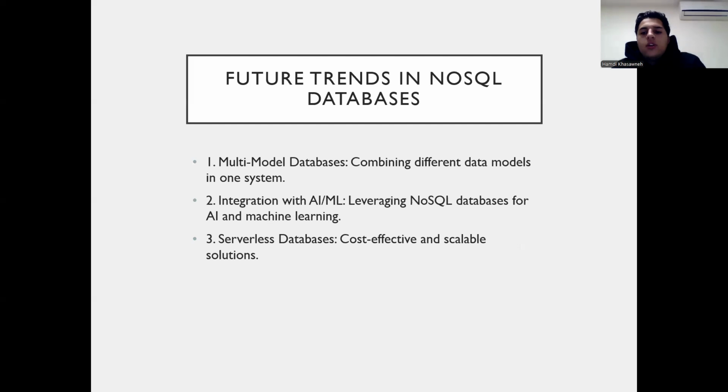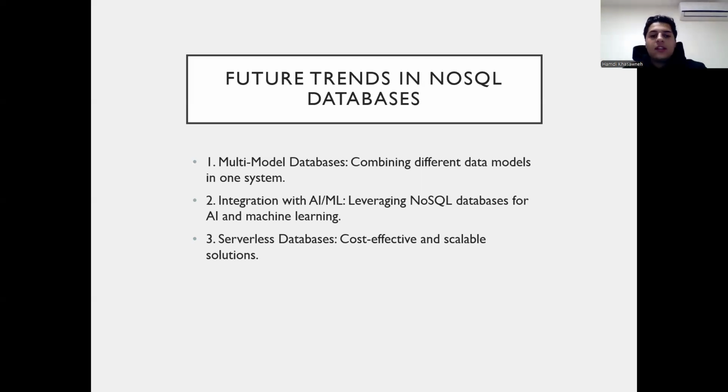Here are the future trends in NoSQL databases. Now looking ahead, here are some key trends in the NoSQL space. The first key future trend is multi-model databases that support multiple data models within a single system. Secondly, integration with AI and machine learning. NoSQL databases are increasingly being used in AI and machine learning applications to store and process large data sets.